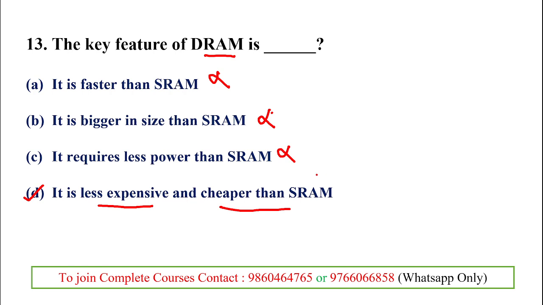That is the important point. DRAM is not faster, not bigger in size, and also requires more power than SRAM. But DRAM is less expensive and cheaper than SRAM.